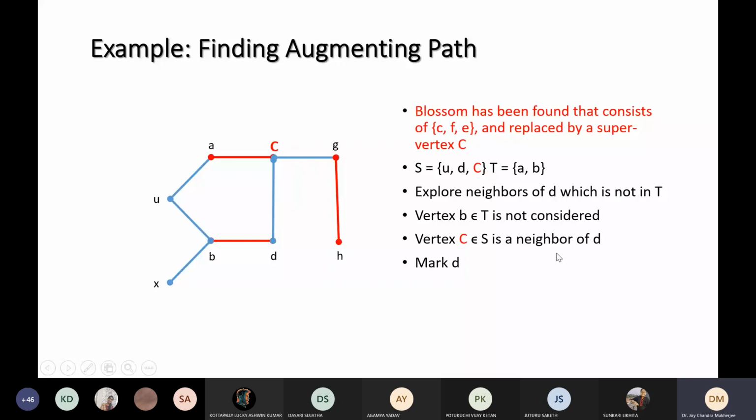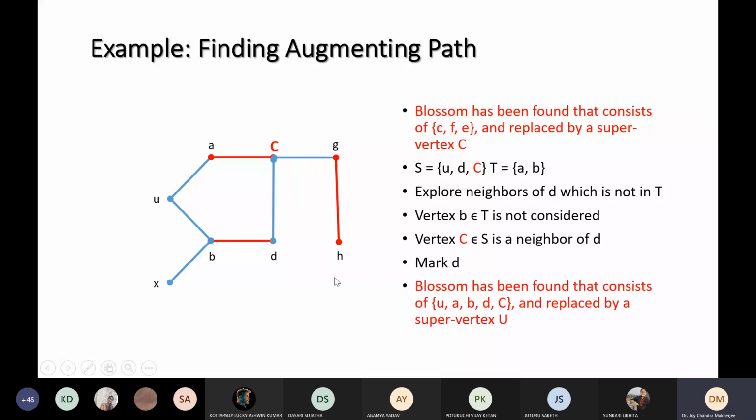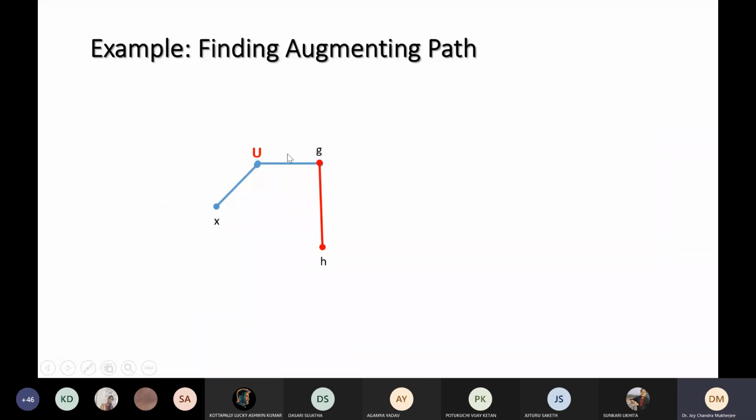So I mark D, and the odd cycle detected consists of D, B, U, A, the normal vertices along with the super vertex capital C. And all these vertices should be replaced by a super vertex capital U. So U represents this odd cycle which consists of small u, small a, small b, small d and capital C. So this whole thing will be replaced by capital U. So this kind of thing will appear.